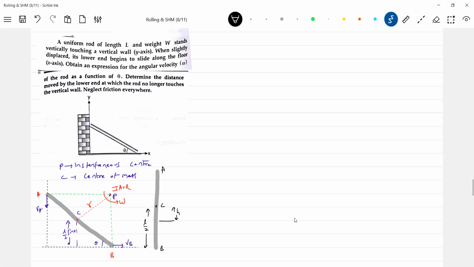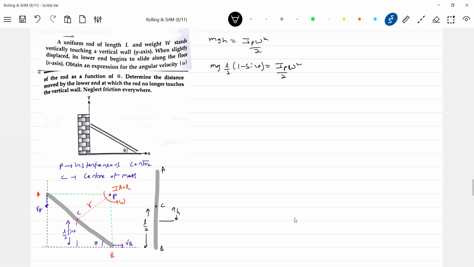So the decrease in gravitational potential energy of the rod got converted into the rotational kinetic energy about point P. So first thing we'll write, mgh should be equal to IP omega square by 2. mg L by 2 (1 minus sine theta) equals IP by 2 omega square.